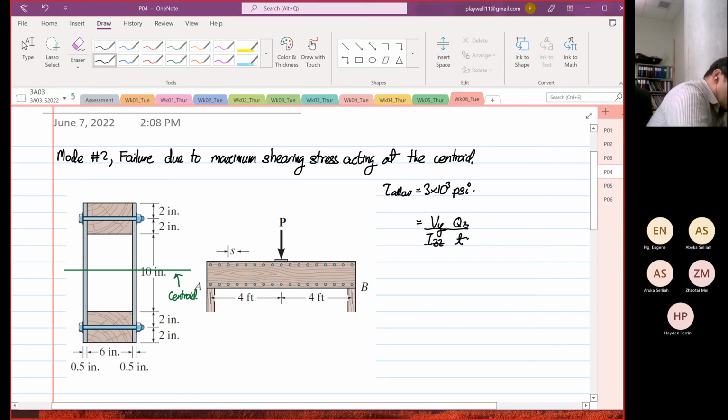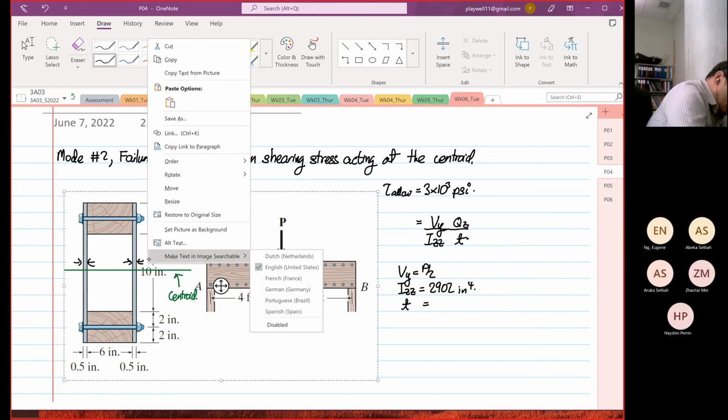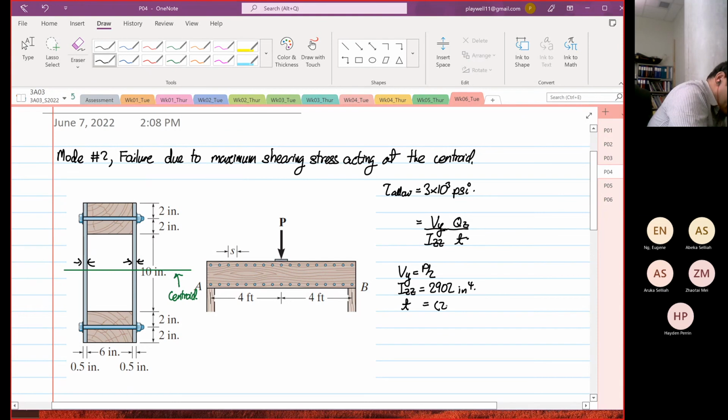Vy we know is equal to P over 2. Izz is equal to 2902 inches to the power 4. And then t, the thickness: you have thickness on one side and on the other side, so twice 0.5, left and right.